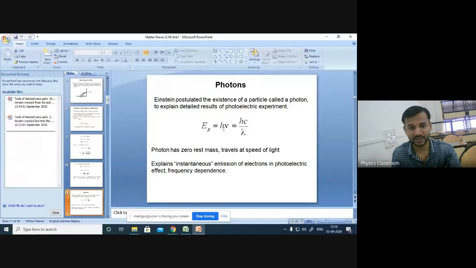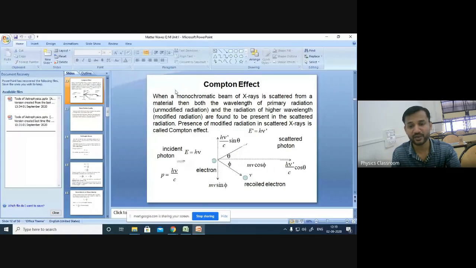It is the frequency equation. Einstein proved that E is equal to hν. Now we want to move toward the Compton effect. When a monochromatic beam of X-rays is scattered from a material, both the wavelength of the primary radiation, the unmodified radiation, and radiation of higher wavelength, the modified radiation, are found to be present in the scattered radiation.